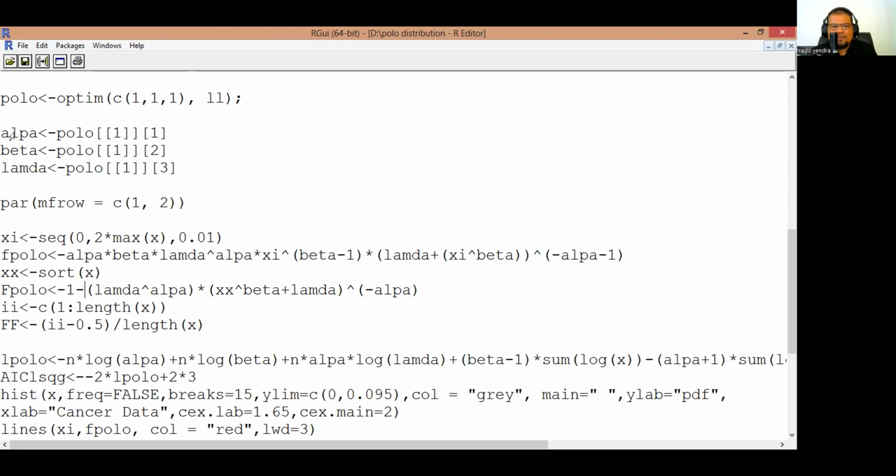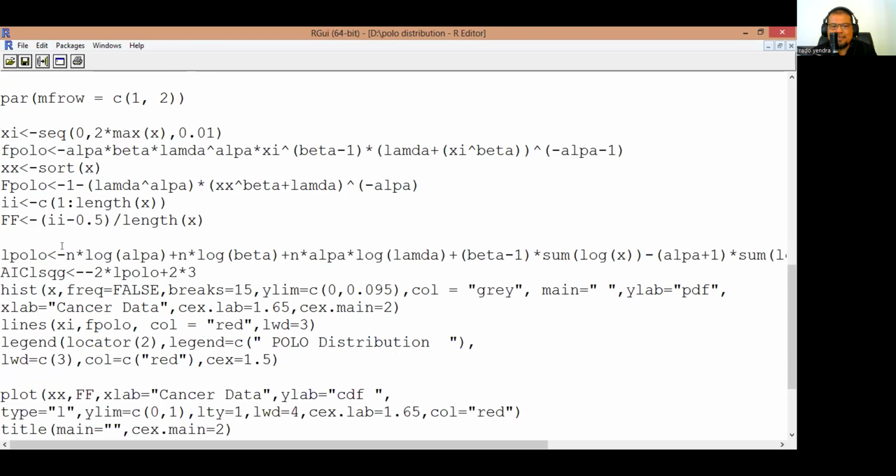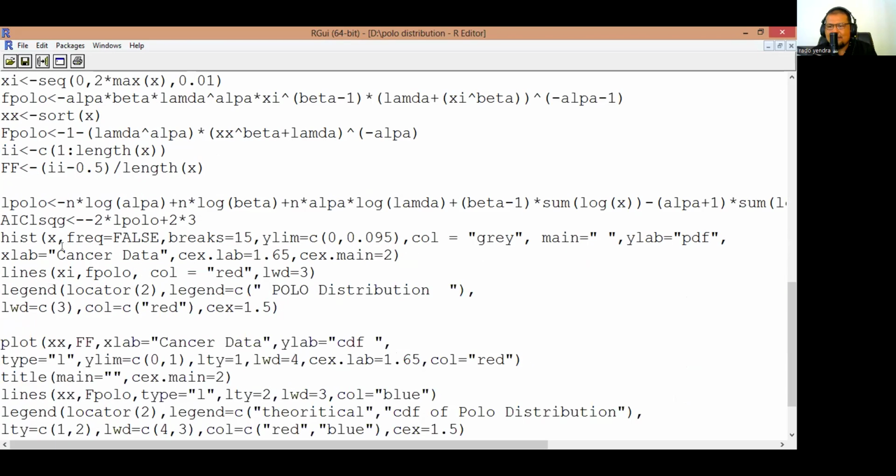Okay, after that we run our data. If we want to create the density function, it means the histogram of the data, we can create the density plot. If the density plot can capture the histogram, it means the model is a good one.